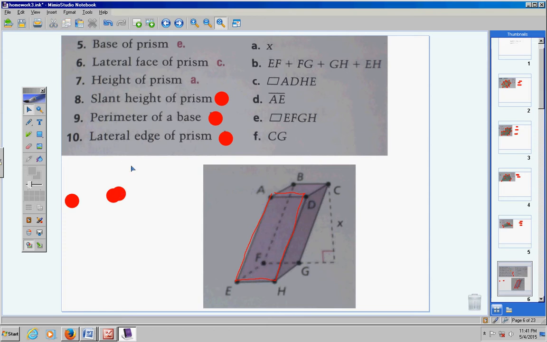Now the slant height of the prism is going to be as if you were standing on this edge right here.